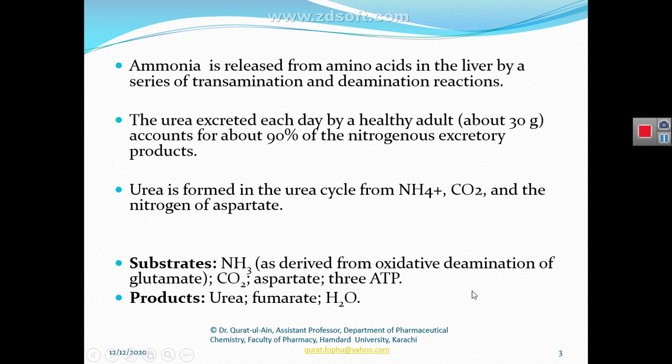And that ammonia is converted into urea.